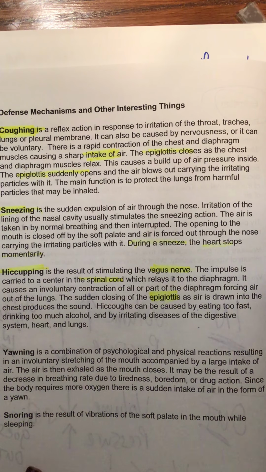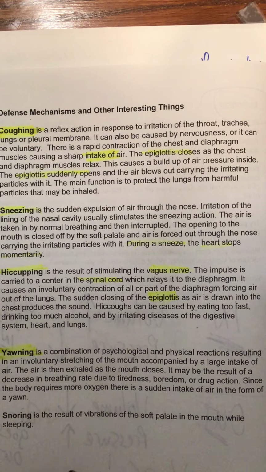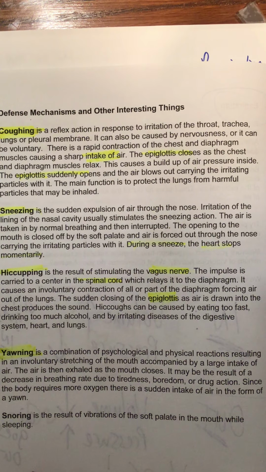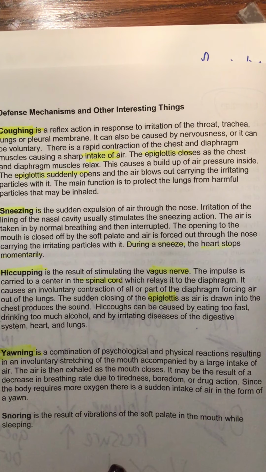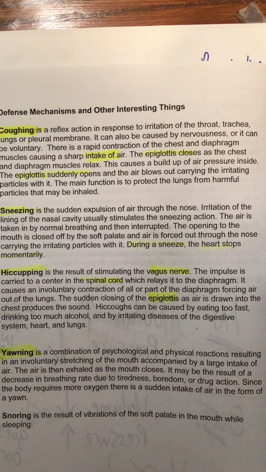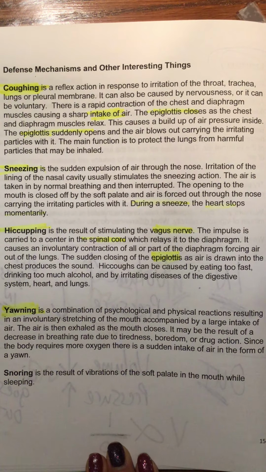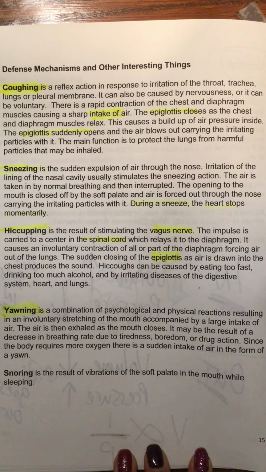Yawning. You've ever heard that yawning is contagious? Yawning is a combination of psychological and physical reaction, and it's an involuntary stretching of the mouth with a large intake of air. So it could be because of a decrease in breathing when you're tired, bored, or if there's a drug action and the body needs more oxygen. So it forces it to suddenly intake that air.